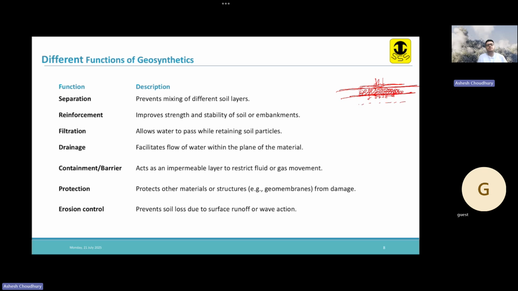All right. Next function is reinforcement. Reinforcement improves strength and stability of soils or embankments. The most common application of the reinforcement function is the reinforced earth wall. Say you want to construct an approach road.